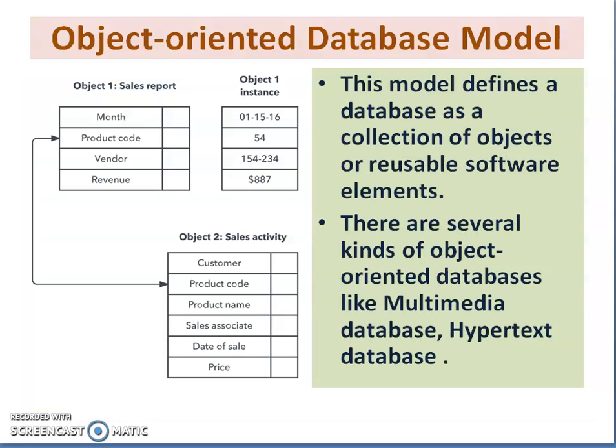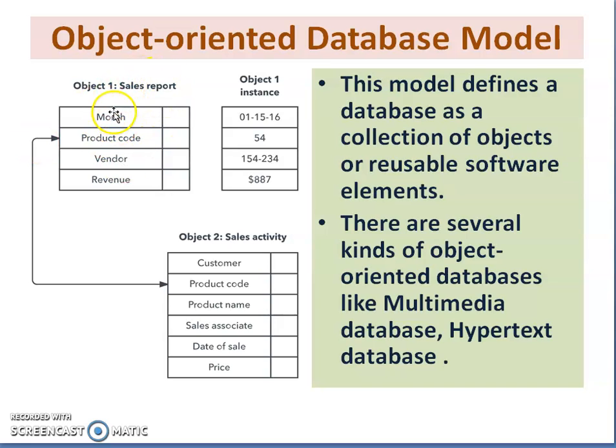Now, we talk about the object-oriented database model. This is also one of the available models. This model defines a database as a collection of objects or reusable software elements.